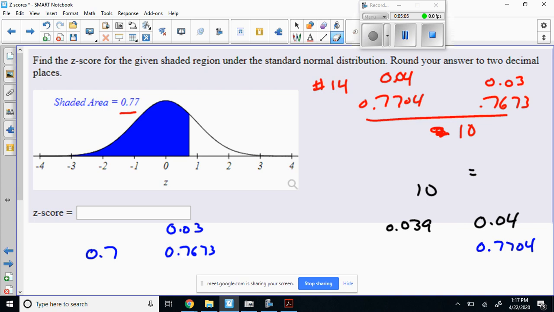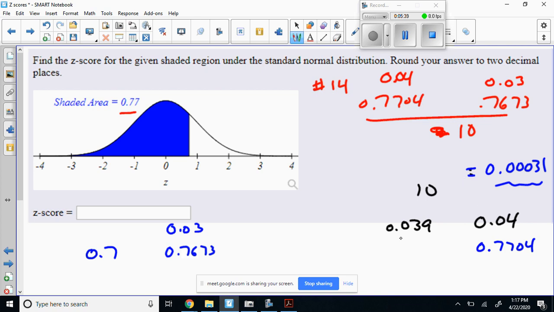If I type that in, 0.0031. All right, divided by 10, each one of them will be 0.00031. Okay. Each step is that much, right?